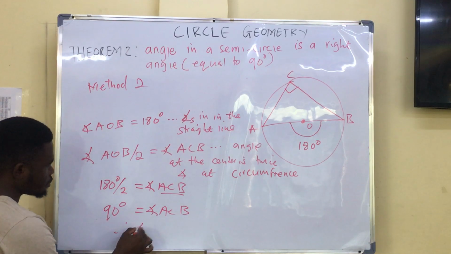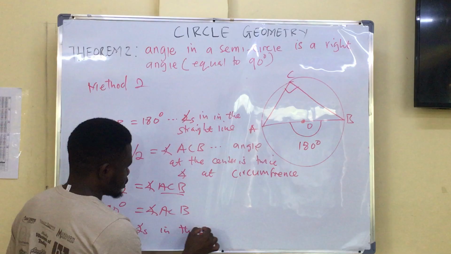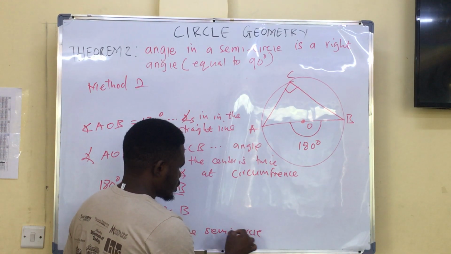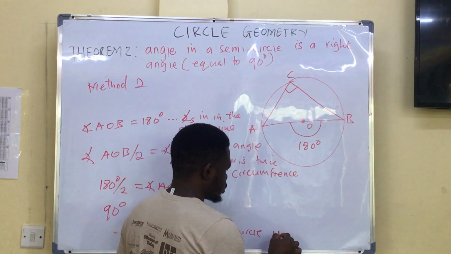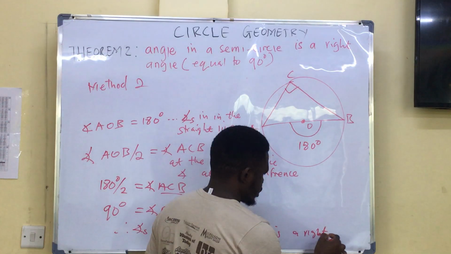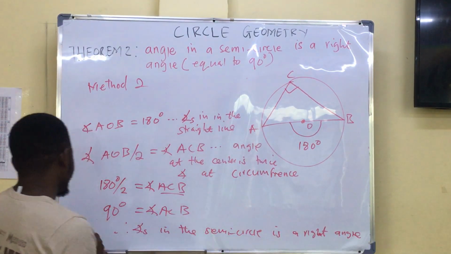Therefore, the angle in the semicircle is what? A right angle. Now we can say QED.